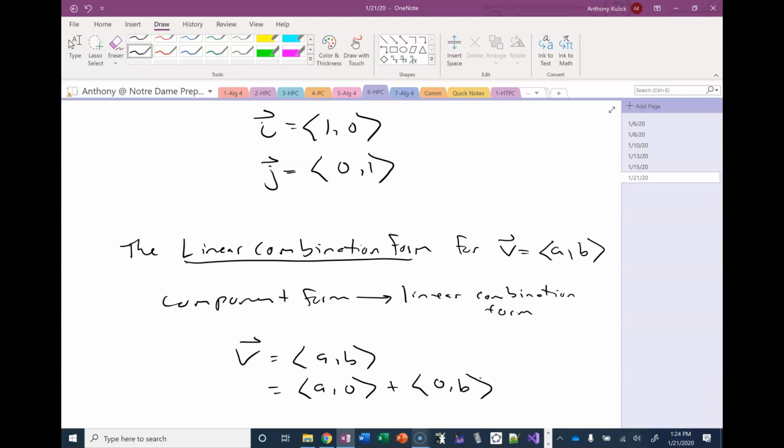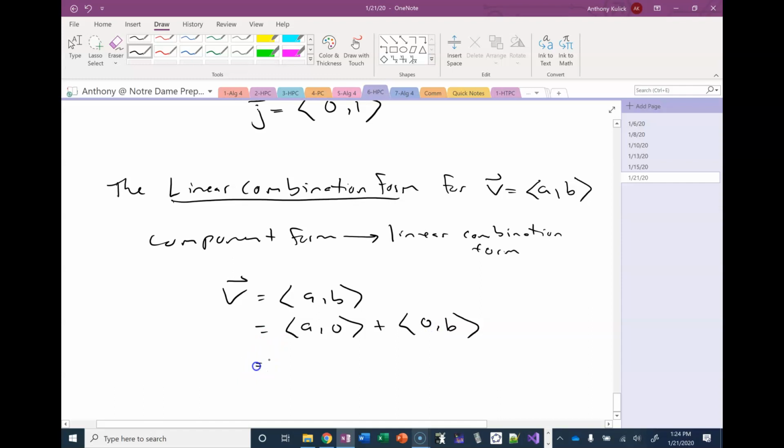Still equals the same thing. And a, 0 could be the same thing as a times 1, 0. And 0, b could be the same thing as b times 0, 1.